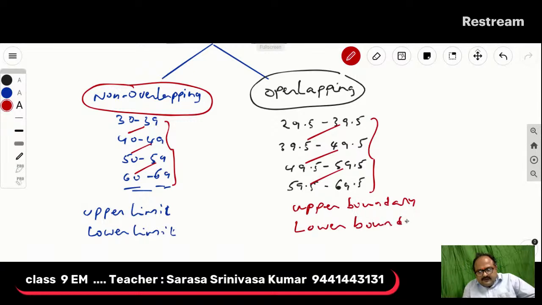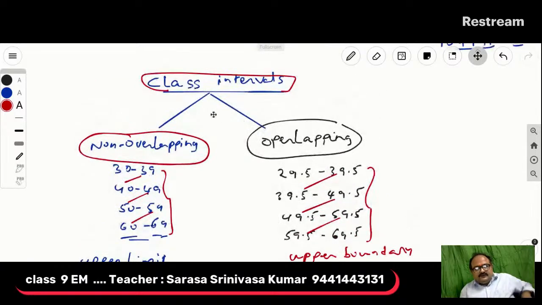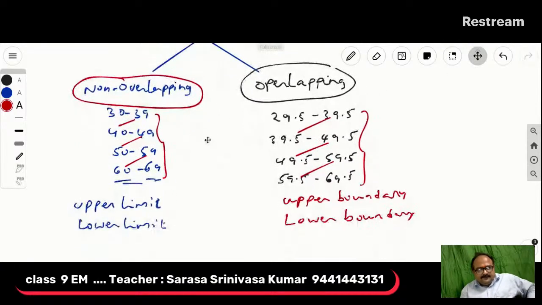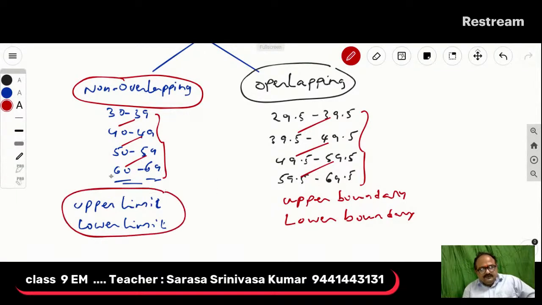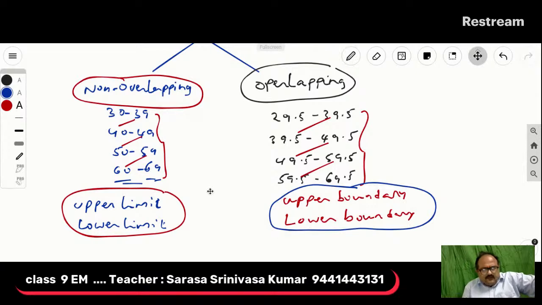These are the definitions for these class intervals. You see, these class intervals are of two types, non-overlapping class intervals and overlapping class intervals. When we consider non-overlapping class intervals, we say upper limit and lower limit. And when we consider overlapping class intervals, we say these are upper boundary and lower boundary.